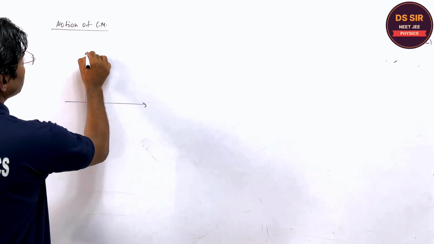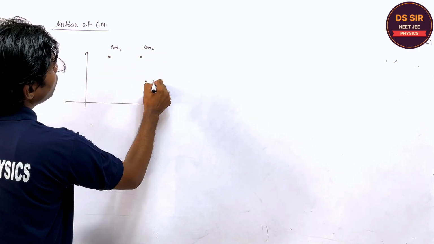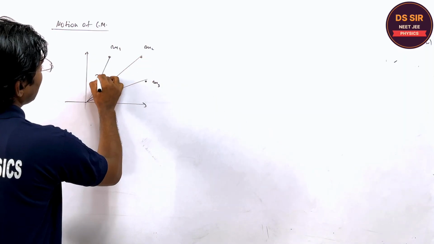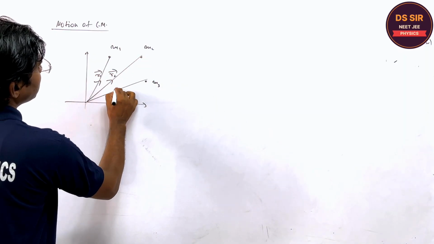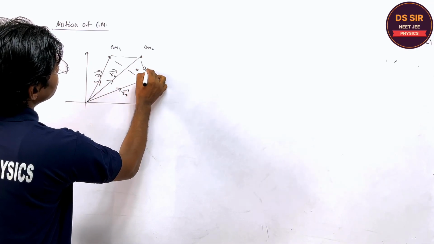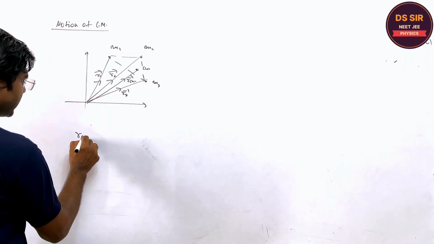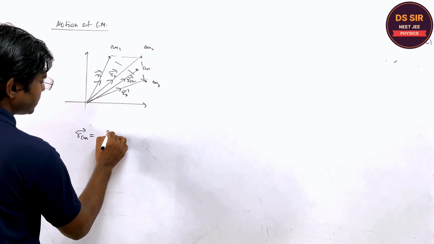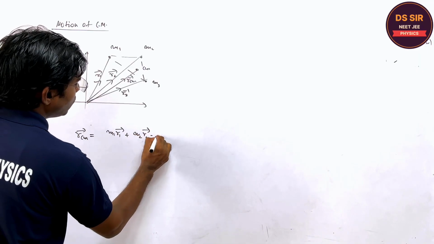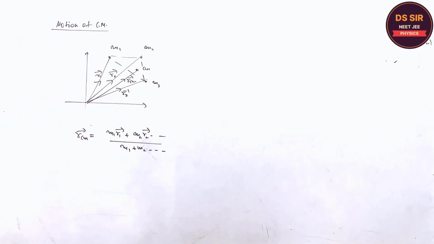Listen to one thing. Suppose we consider the point masses m1, m2, m3 and their position coordinates are r1 vector, r2 vector, r3 vector. Suppose the center of mass is over here and this is the R_CM vector. Yesterday in the previous lecture we have seen R_CM = (m1 r1 + m2 r2)/(m1 + m2). Is it clear or not?